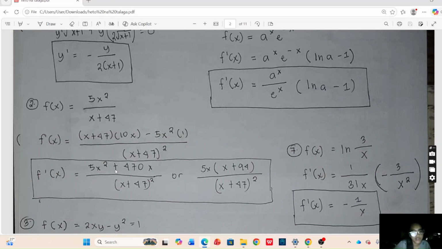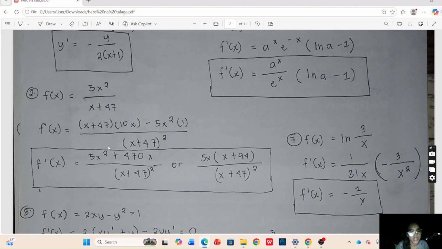Next is the second problem. The function is 5x squared over x plus 47. Since this is a quotient, we use the quotient rule.